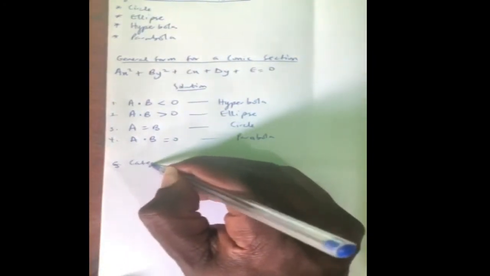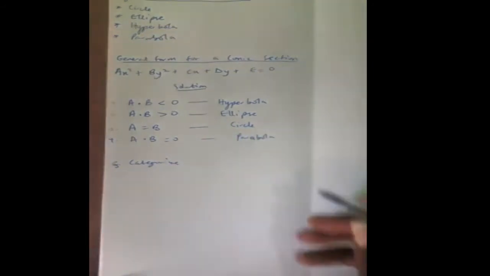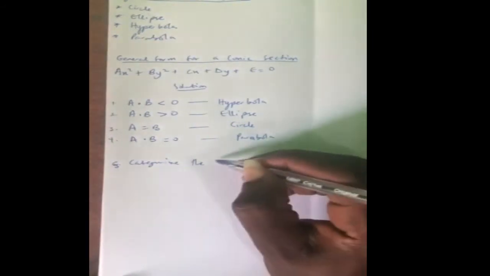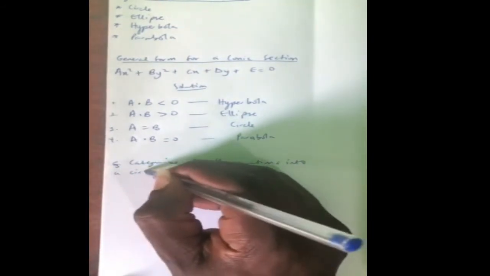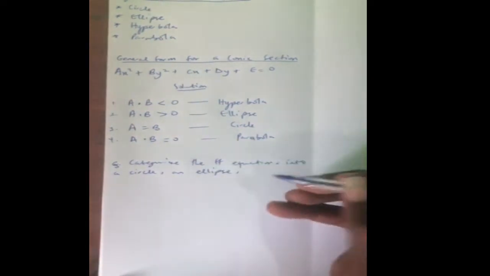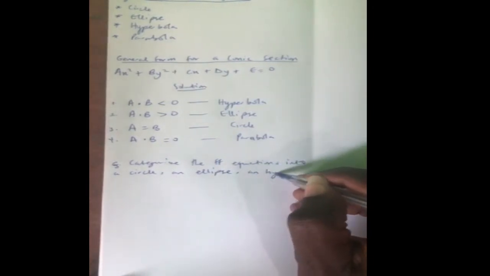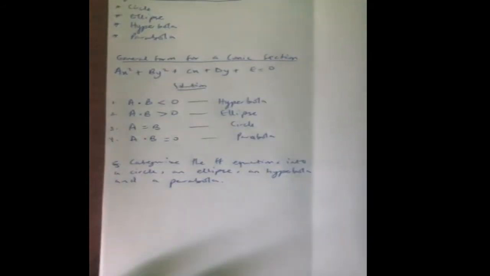Example: categorize the following equations into a circle, an ellipse, a hyperbola, and a parabola.